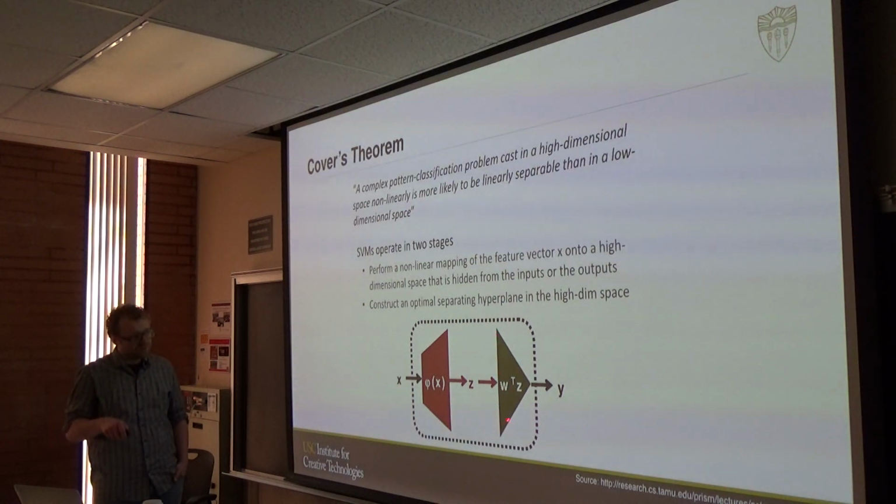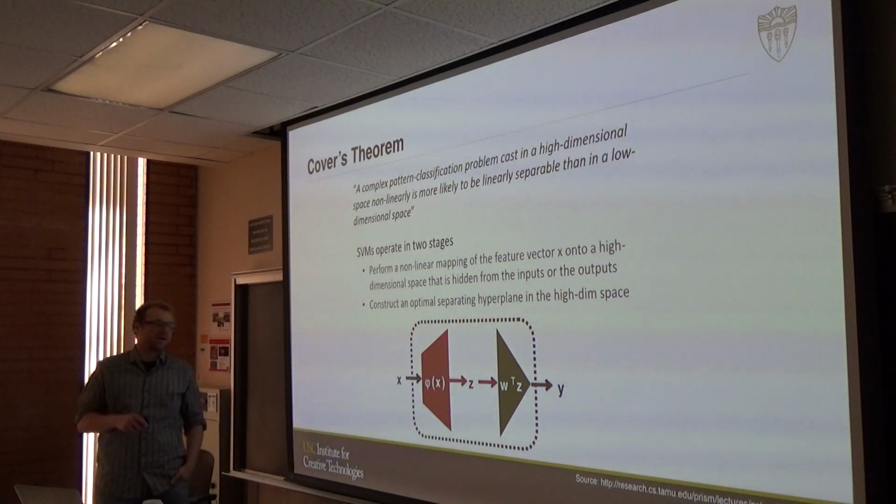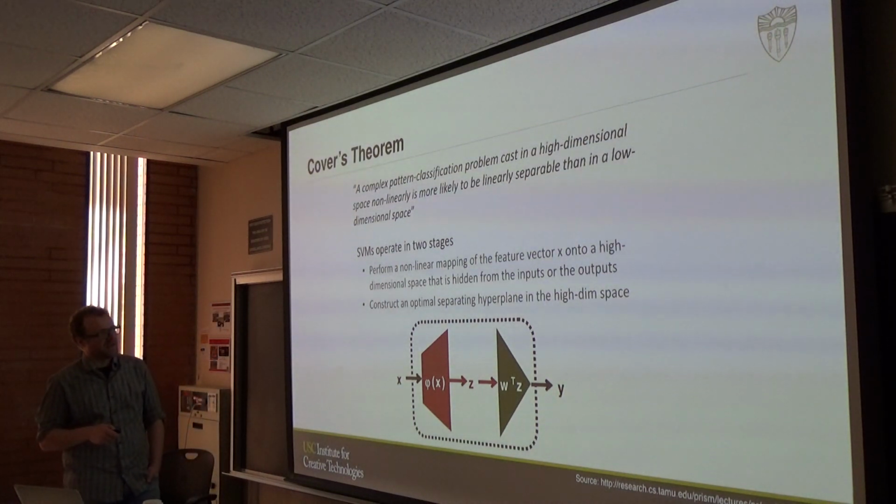And now we compute the dot product of our z values with this now increased number of parameters w to make a one-dimensional decision y, so a yes or no class decision. So this is the idea of what is happening.